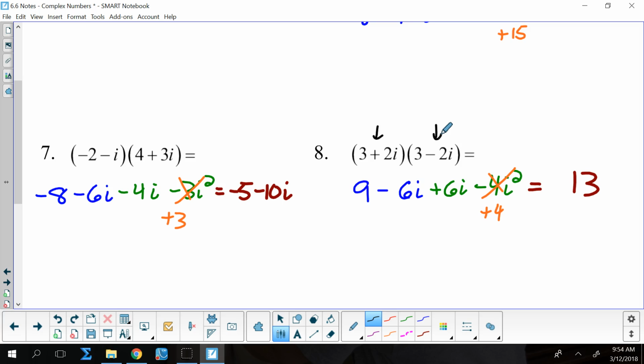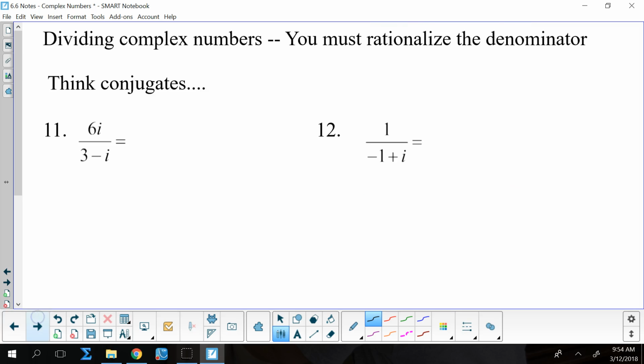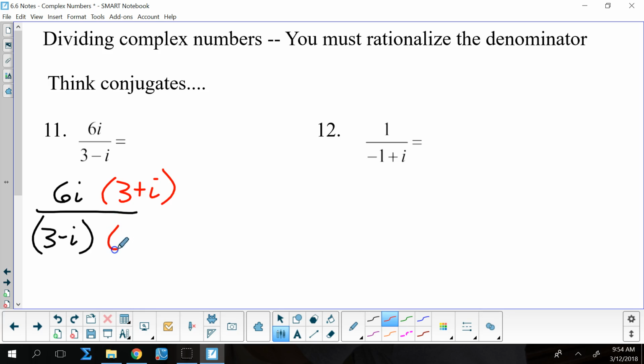And then notice here, we get rid of the imaginary part when we multiply the conjugates together. So what I have to do on this one is I'm going to take 6i and multiply both top and bottom by the conjugate. And the conjugate then would be 3 plus i.